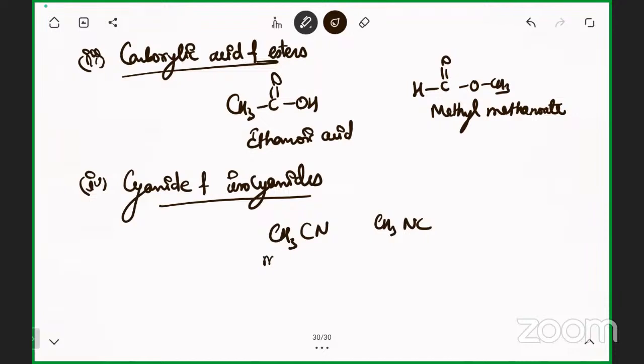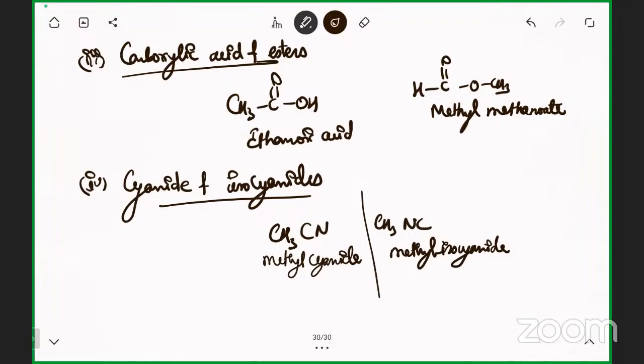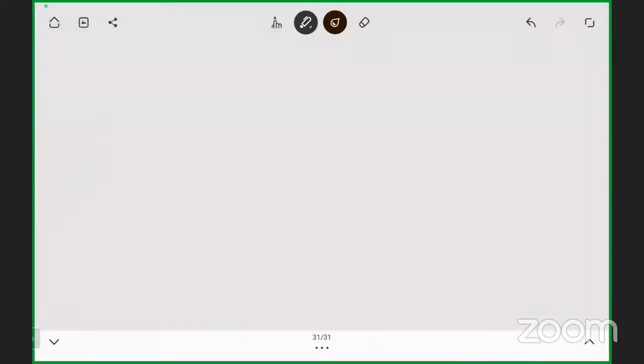This is methyl cyanide. This is methyl isocyanide. So we have two things, same molecular formula but different structure, different functional groups, functional group isomerism.